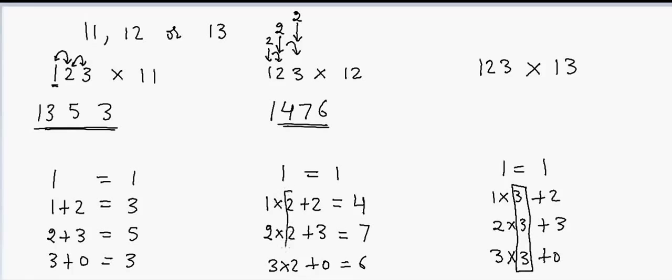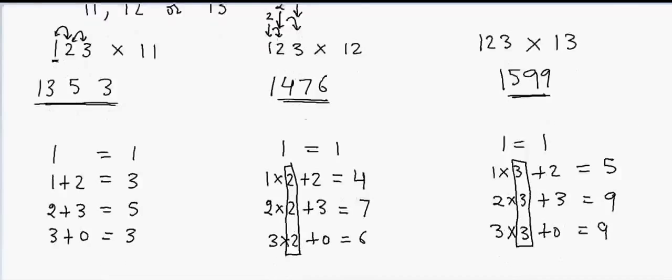Here I multiplied all the numbers by 2, and here I did not do any multiplication because it was 1. So if I add these numbers, it will be 5 9 and 9. So the answer will be equal to 1599. That's how I'll multiply any number by 11, 12 or 13.